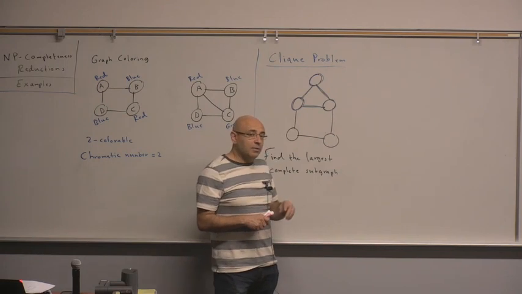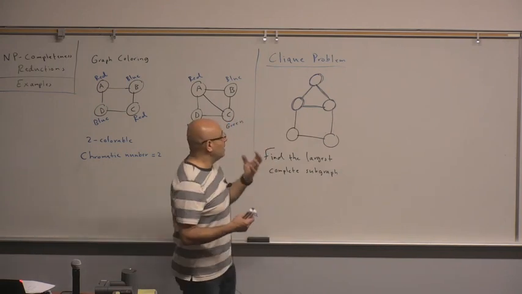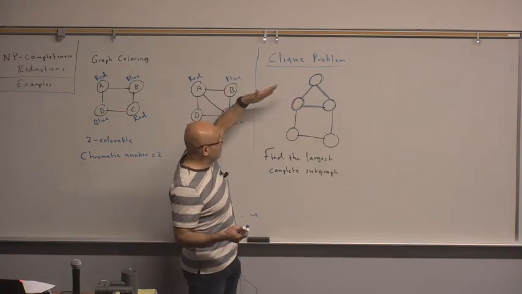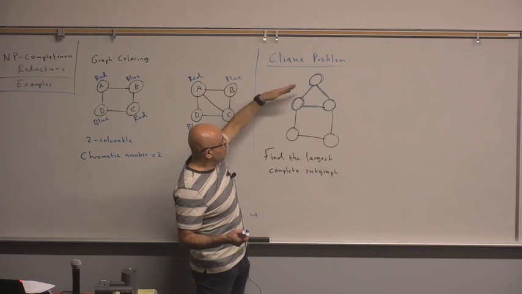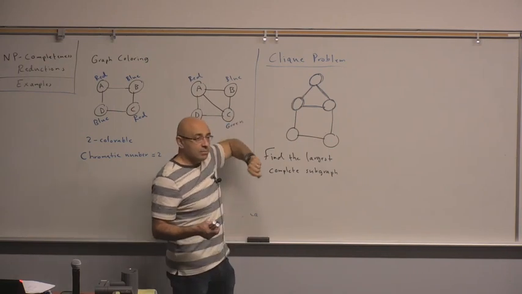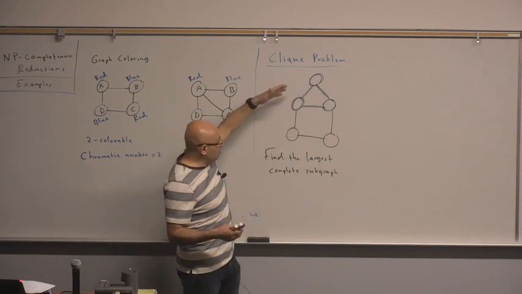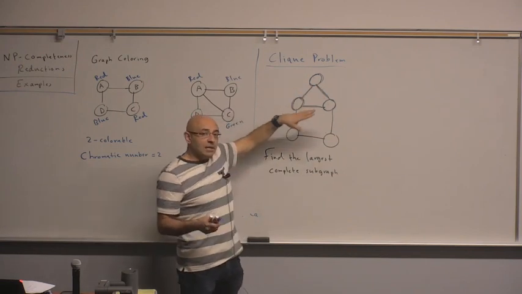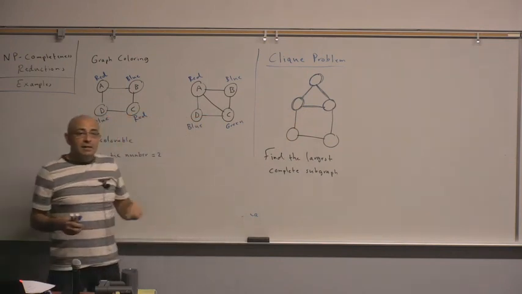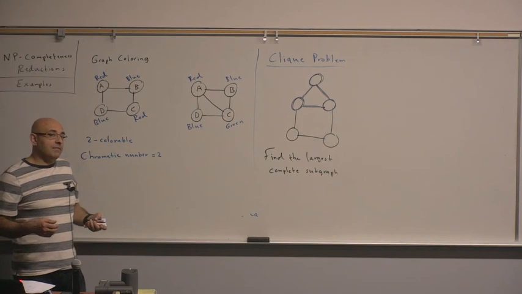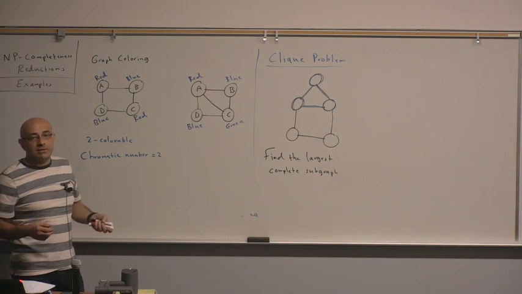Yeah. Because if you have a complete subgraph of size 3, then these 3 are all connected, or they form a complete graph. There is an edge from any one of them to the other, which means that each one of them has to have a different color, which implies that if you have a clique of size 3, then you cannot cover the graph using less than 3 colors.